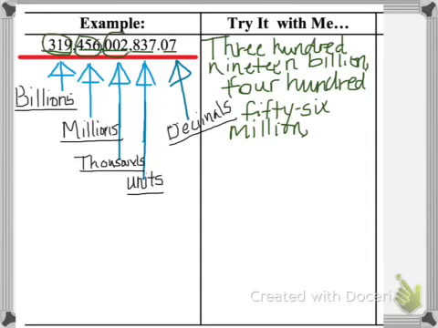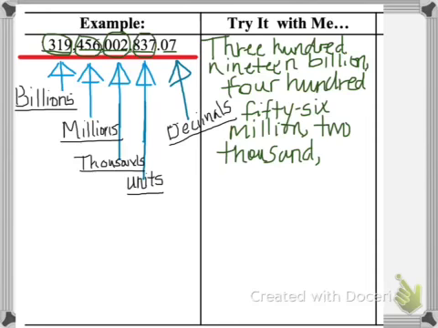Then I'll be looking at the next grouping, and all I see in that grouping is the number 2. So I will just say 2,000, since it's in the thousand grouping. Put my comma.